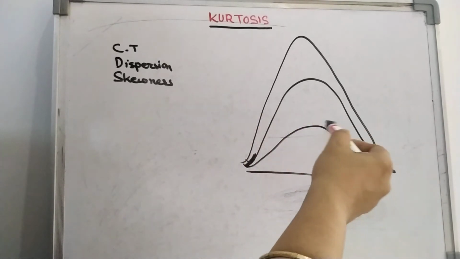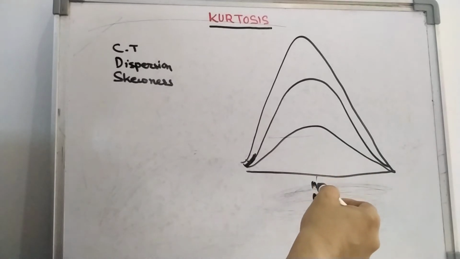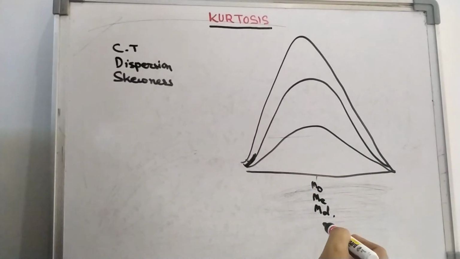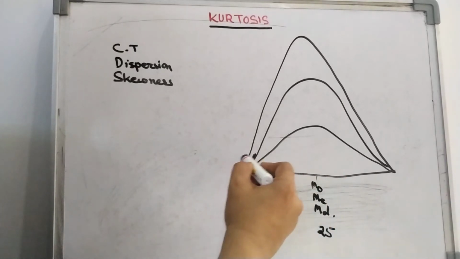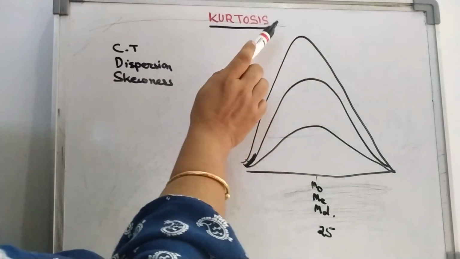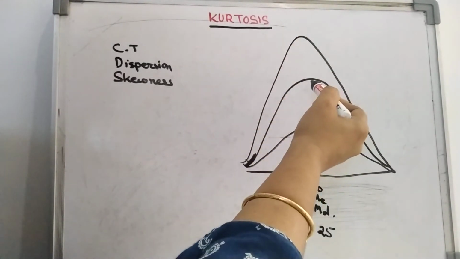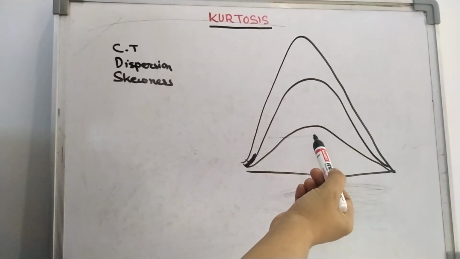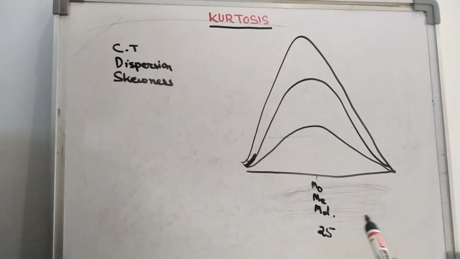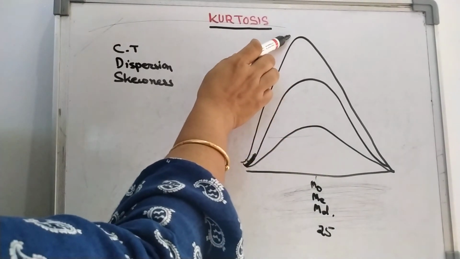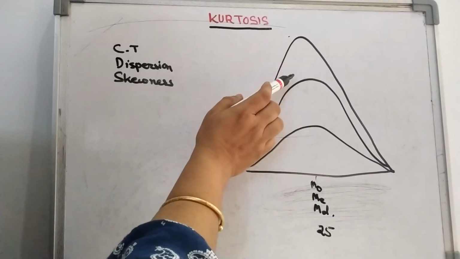That means the values closer to the mode value, whatever be the value of mode, suppose the mode value is 25. So many values are here. Okay, so the frequency, suppose here it is 100, here 75 or 25. So that means more values are closer here. In this case, more values are closer to the mode value.